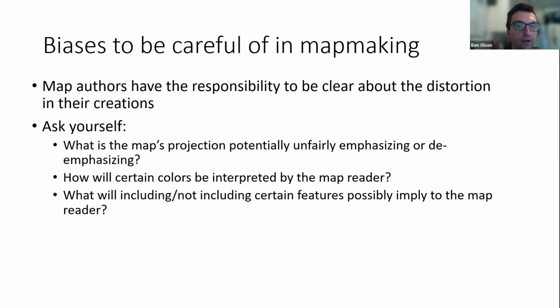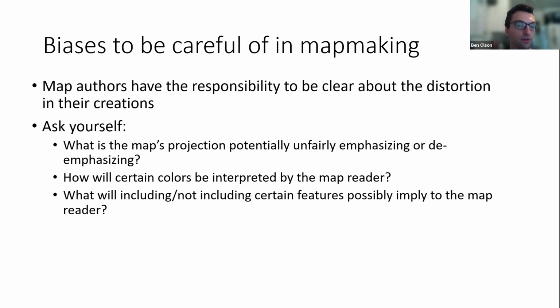How will certain colors be interpreted by the map reader? For example, the color red is often taken culturally as a warning color. If you're choosing to represent something in red, is the reader potentially going to get the implication that there's supposed to be a warning associated with this feature? Is that your intention?